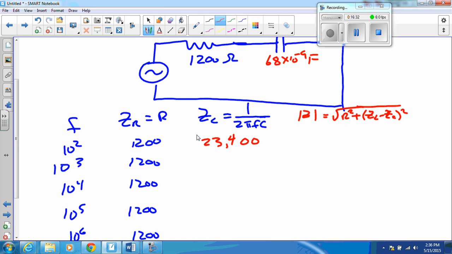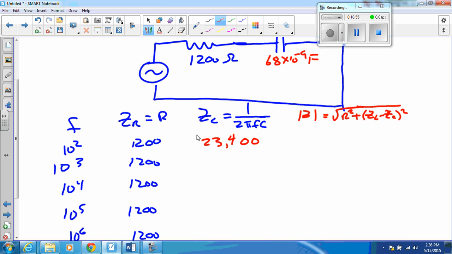Zero. Zero, right? So what we're going to do then is just this squared plus that squared, square root. And what you have probably discovered in your physics career is that when you have a right triangle with a really long leg and a really short leg, the length of the hypotenuse is going to be basically the long leg.